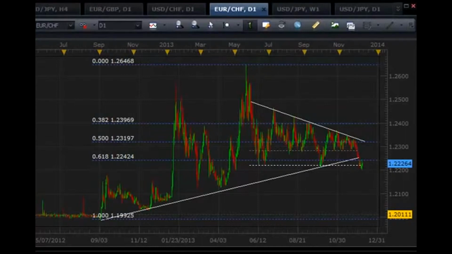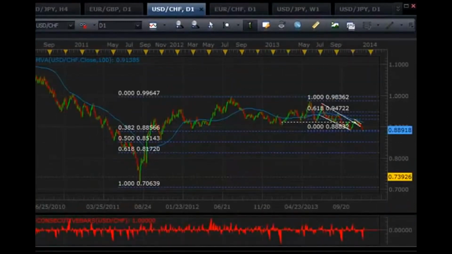Now, the first thing to understand is that when we have three currency pairs, there's something called triangular arbitrage. When we have a dollar Swiss, we should be able to make it with the euro Swiss and the euro dollar. So what you're doing is you're using those two pairs and you're making what we call a synthetic dollar Swiss.